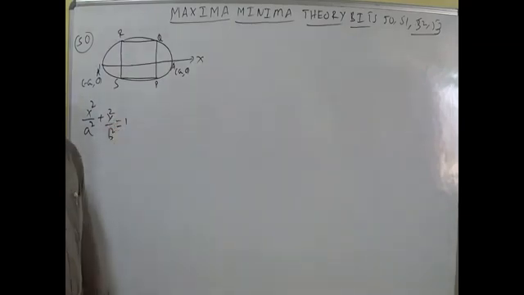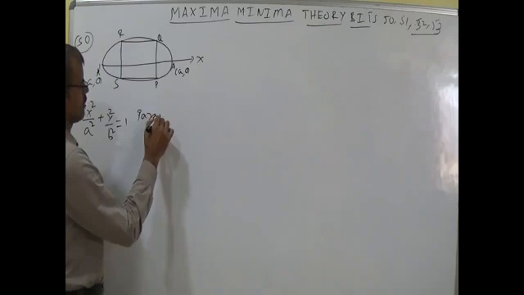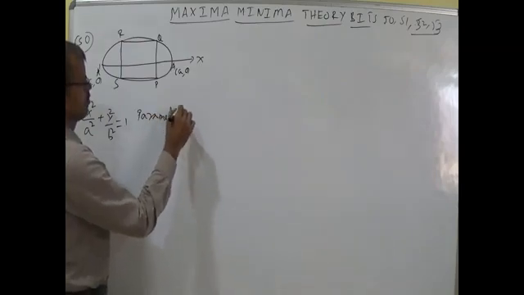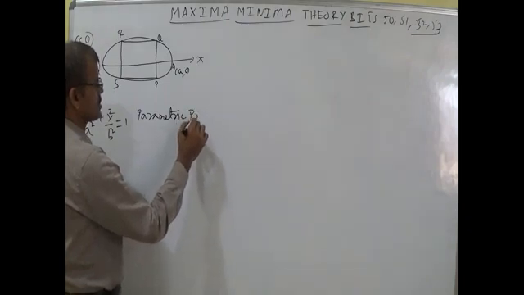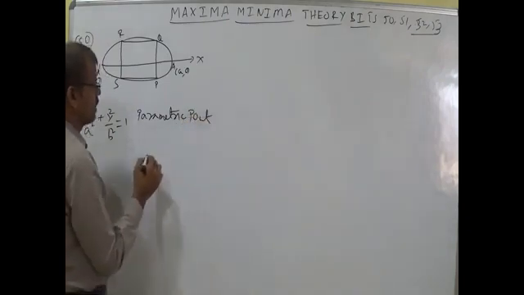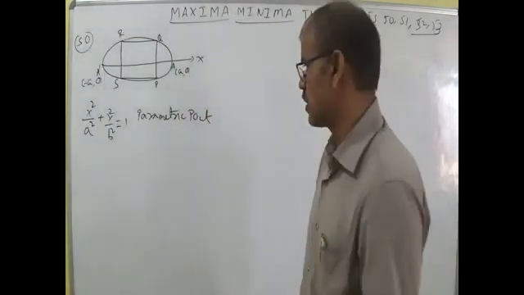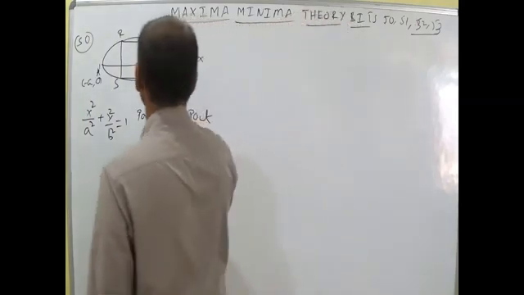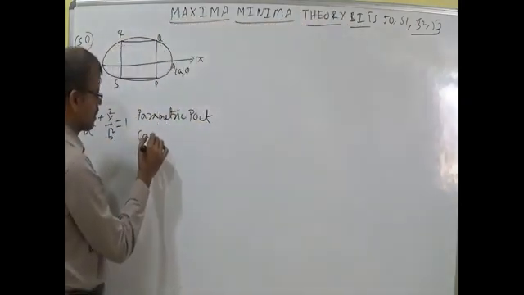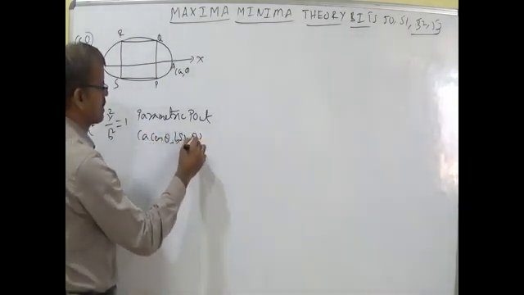Parametric point of the ellipse, which we already discussed previously: P is equal to (a cos theta, b sin theta), which satisfies the given equation. So let us write here the parametric point a cos theta, b sin theta.